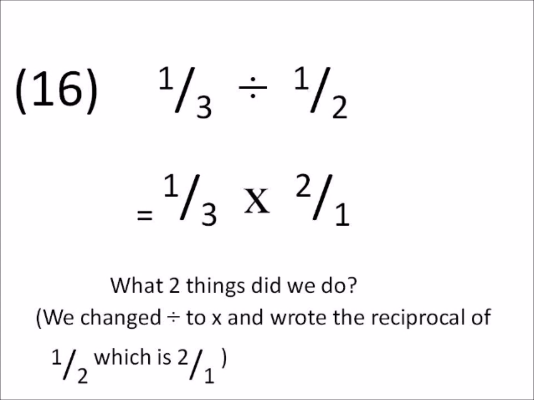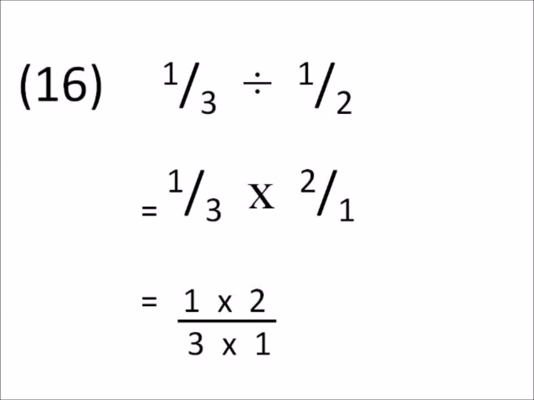And what two things did we do? We changed division to multiplication and wrote the reciprocal of a half, which is 2/1. So we inverted the half. Those are two things you must do in order to do a division when you're dividing fractions. So change the division to multiplication and invert the last fraction, or give the reciprocal of the last fraction.